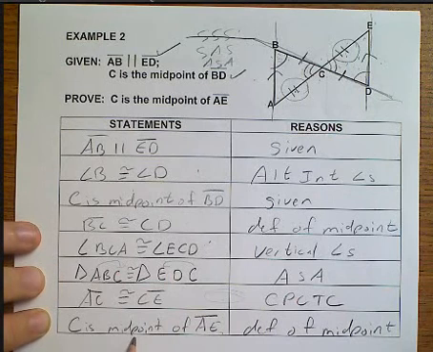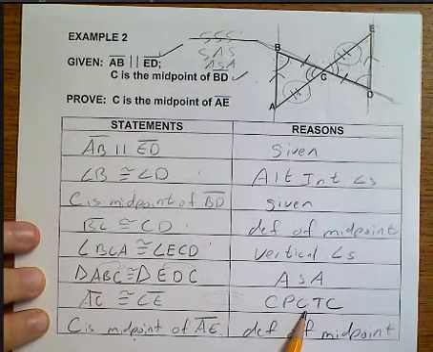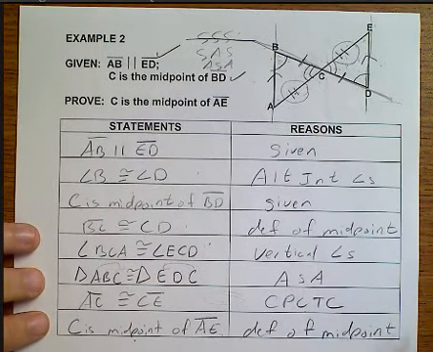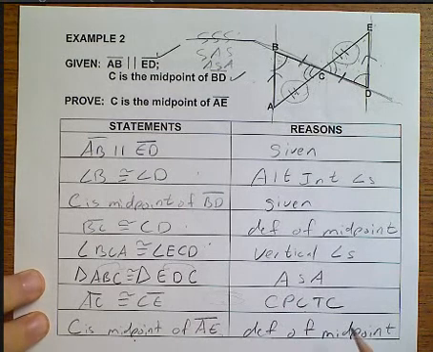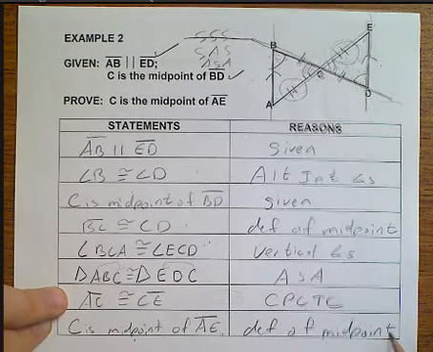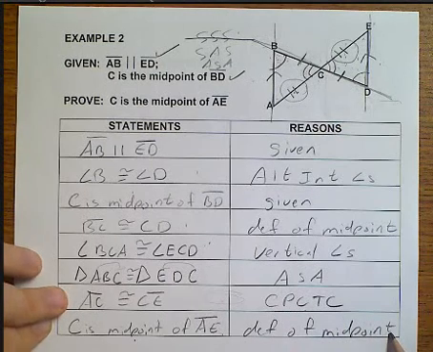Now, I want you to notice, CPCTC was not our last reason here, and the last topic it almost always was. Here, you have to be a little more careful. Sometimes CPCTC is what you need to get the next piece of information. So, you're still going to use it in every proof for this particular topic, but it may not be the last one.